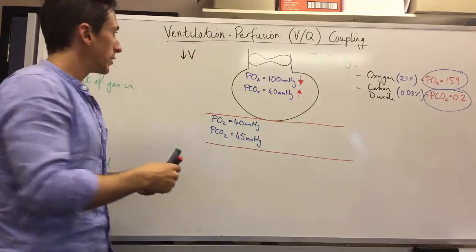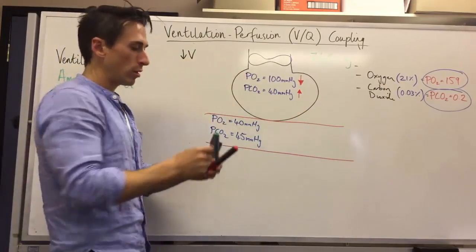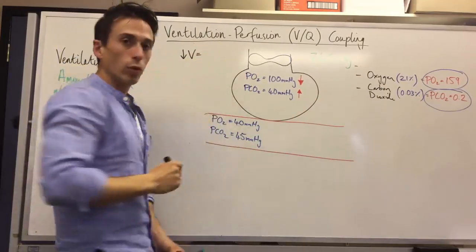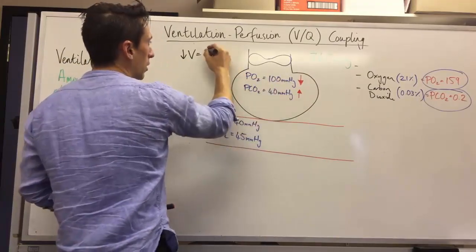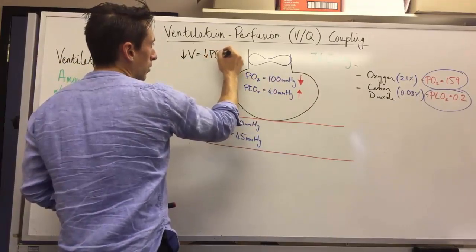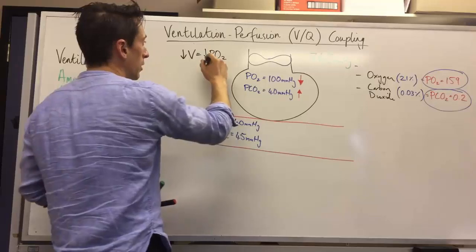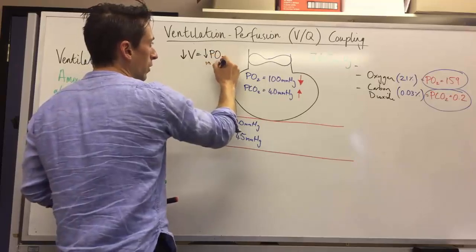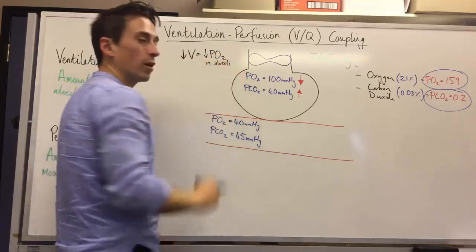What you'll find is a drop in ventilation equals a drop in the partial pressure of oxygen in the alveoli. Right?